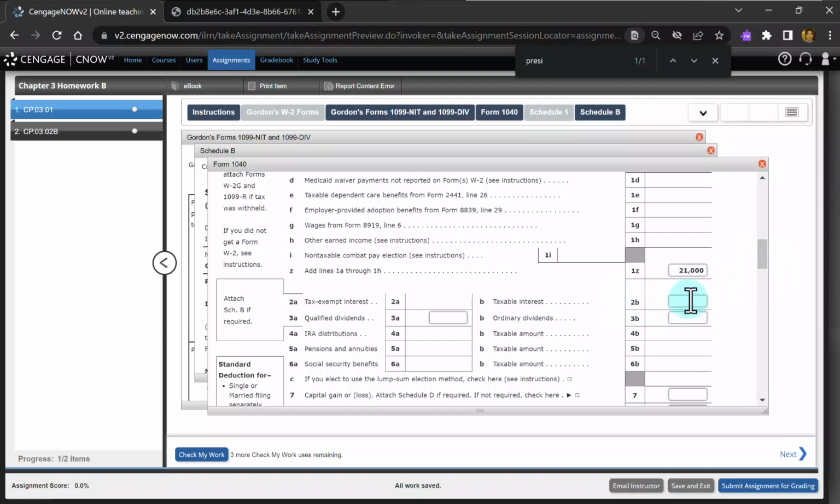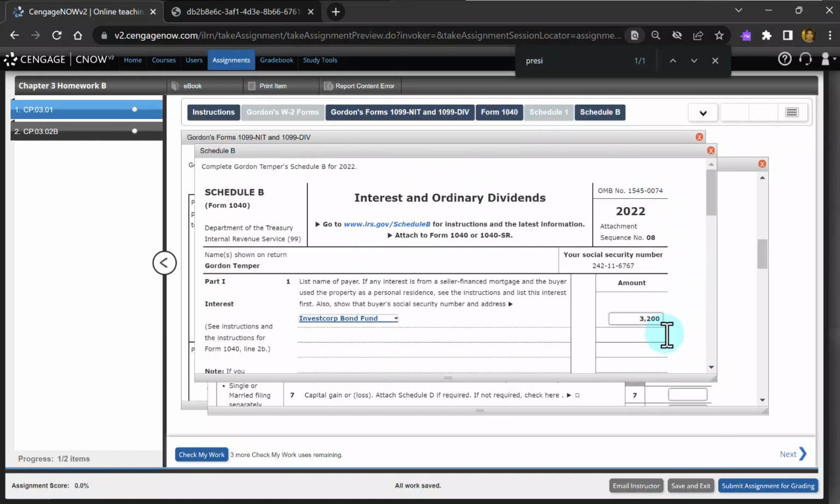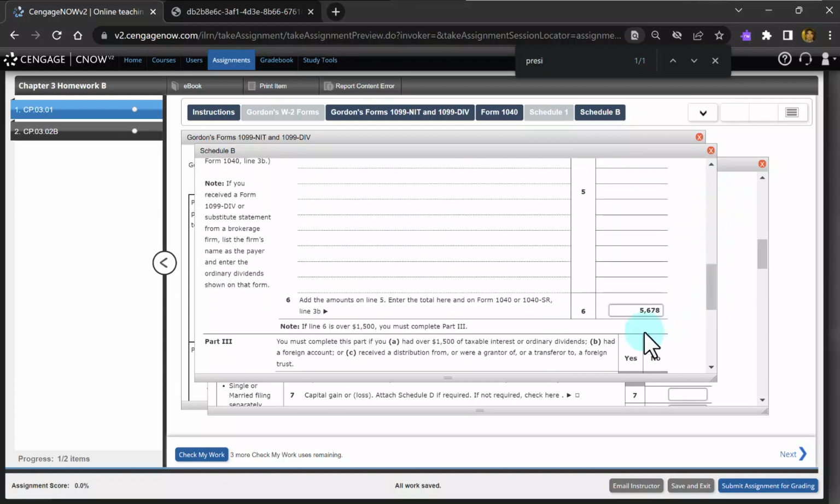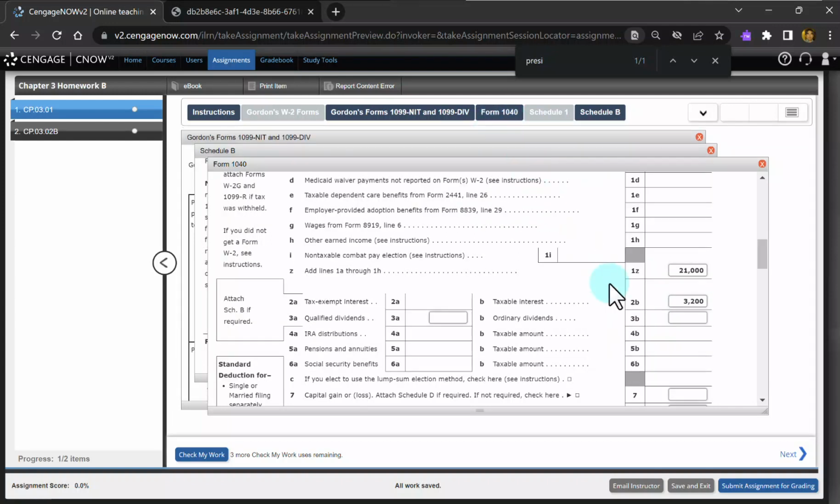Interest in line 2B, 3,200. Let me confirm that again, 3,200. And then total ordinary dividends is 56.78. Goes in this line here, ordinary dividends 3B, 56.78.